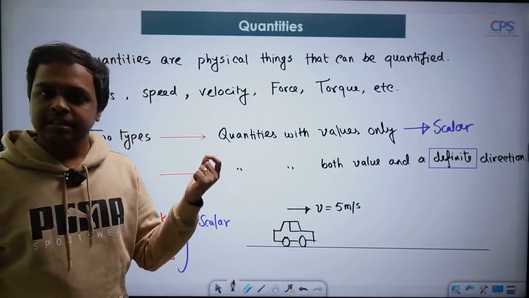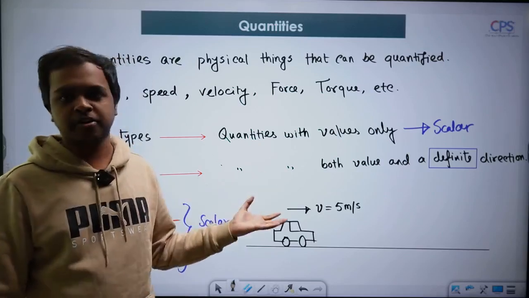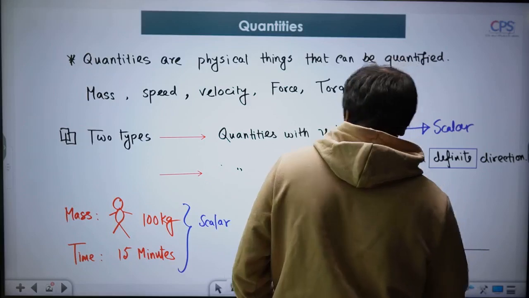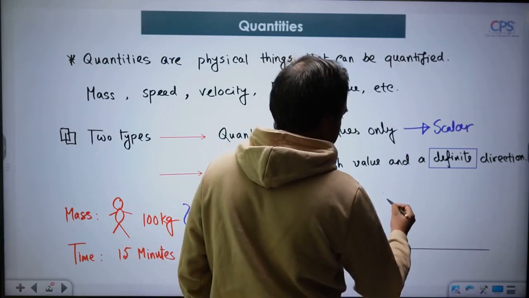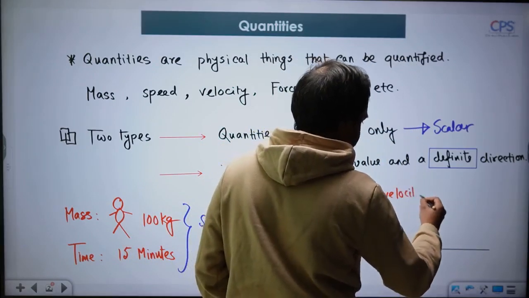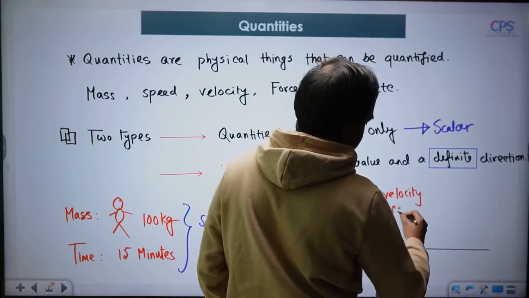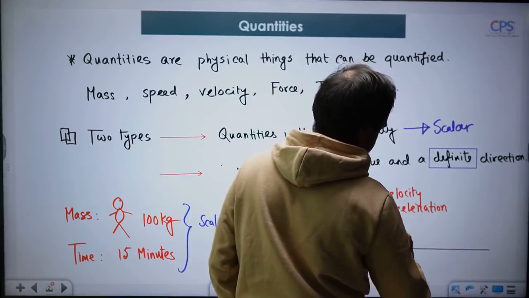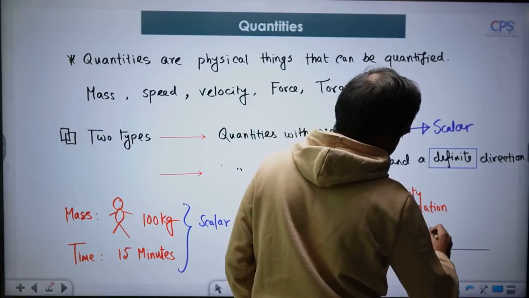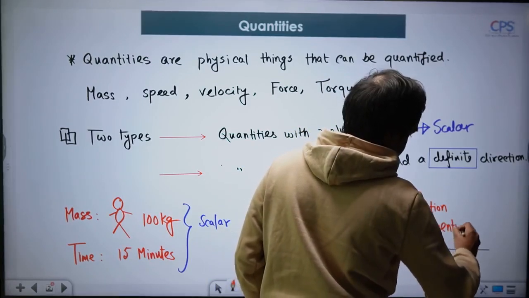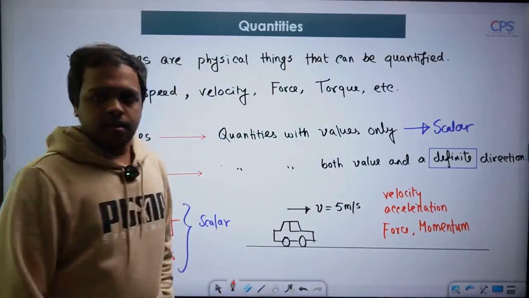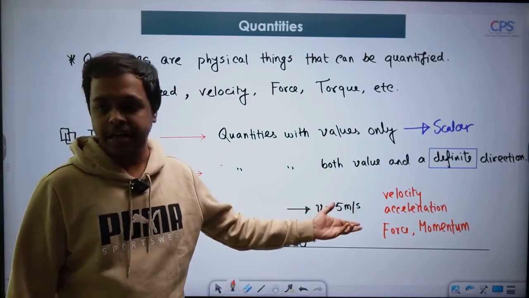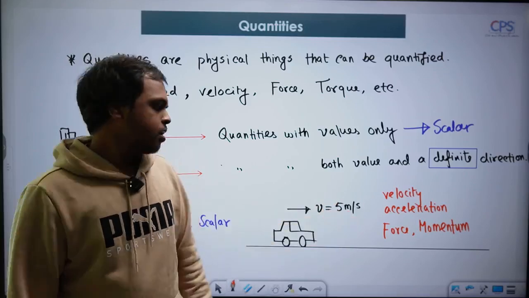And there are lots of vector quantities like velocity, like acceleration. I am just making a note of them right now. Velocity is a vector, acceleration is a vector, force is a vector, momentum is a vector. We'll be studying each of them in the upcoming lectures, so don't worry if you don't understand each individually.